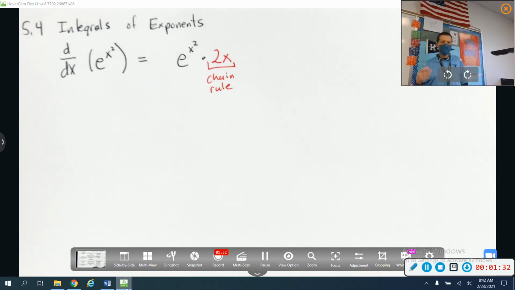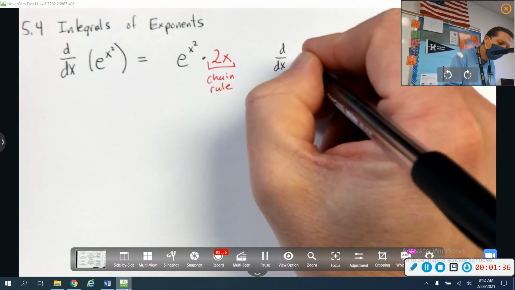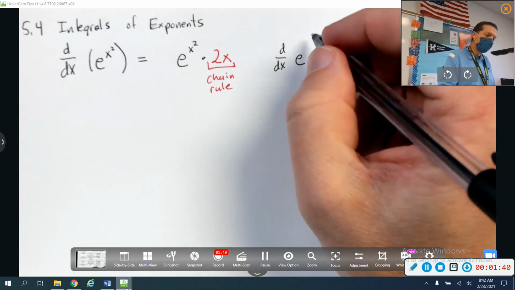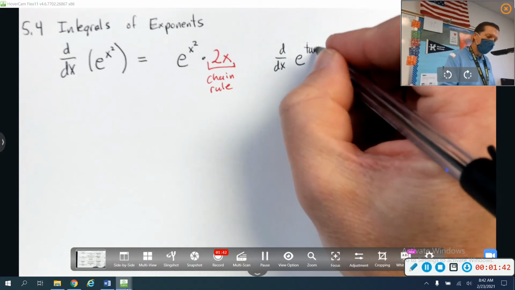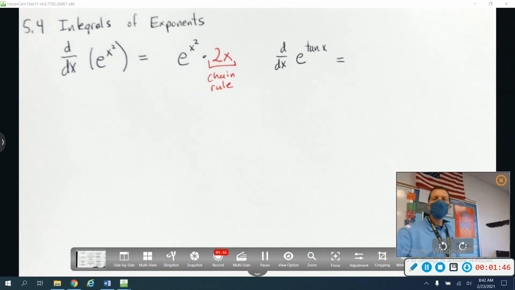Okay, so maybe let's do one more of those because that was a little rough. Let's do e to the tangent of x. Take the derivative of e to the tangent of x. Tyler, what's the answer then?